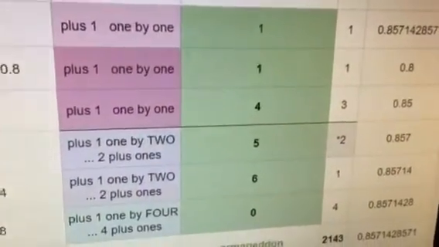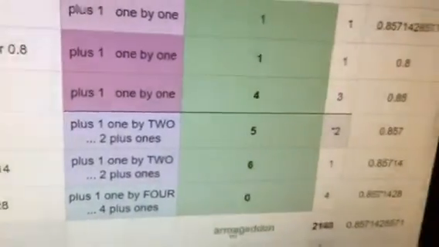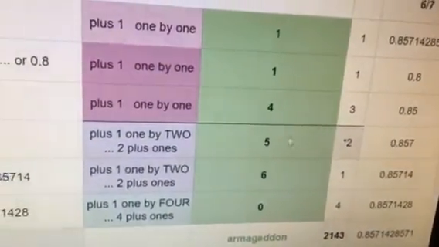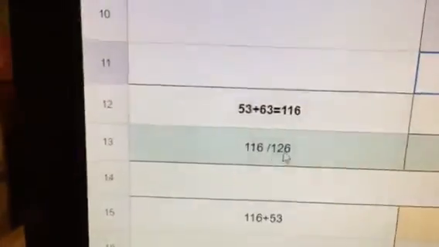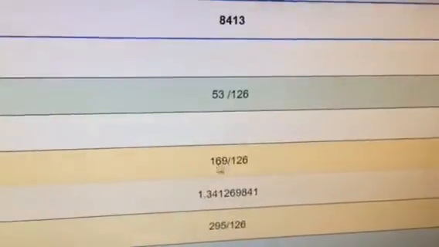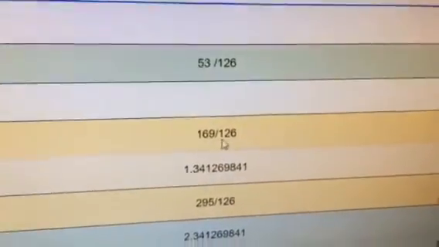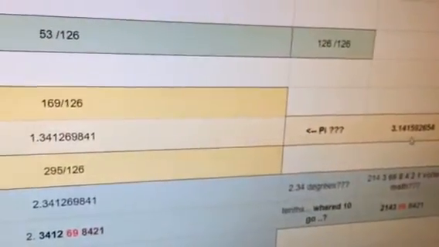And 2143, and 1 of 4 of 5 of 6 is 0, or 3 makes 4 makes 5 makes 6 makes 7. The one-dimensional line of heaven. This is what it is. These are the things I'm looking at. You know, like wow, 169 divided by 126 is a rendition of pi, perhaps.